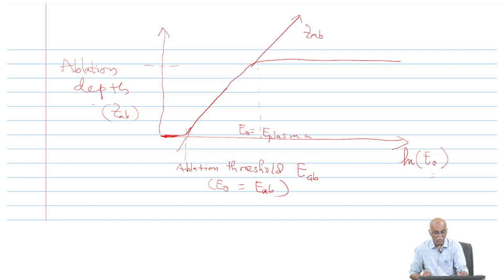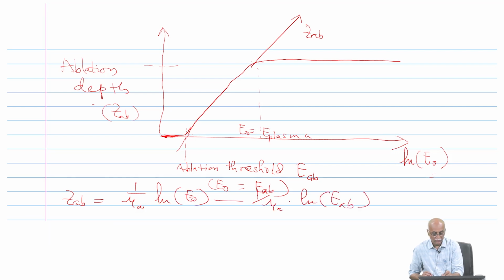Based on this relationship, we can estimate that Z ablation is equal to 1 upon mu_A, which is the absorption coefficient, natural log of E0, minus 1 upon mu_A natural log of E ablation. That will give you the depth. You know the relationship between absorption coefficient, Z and E0; that is what we have used here, the Beer-Lambert law, in order to derive this form.